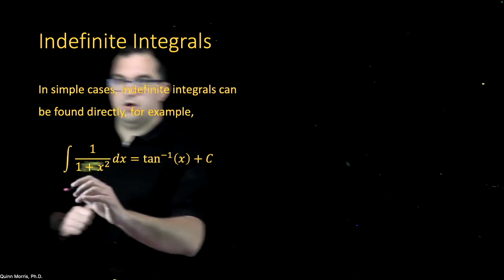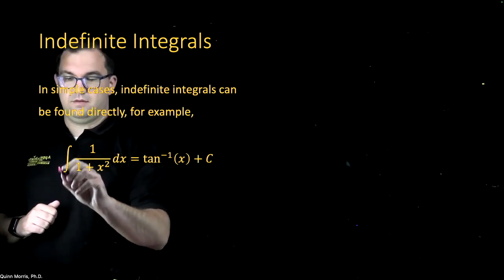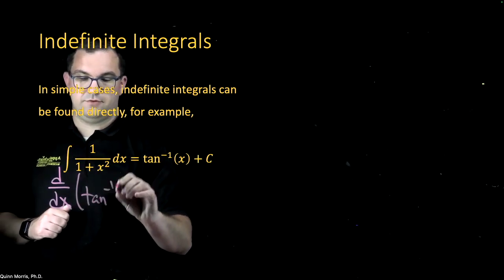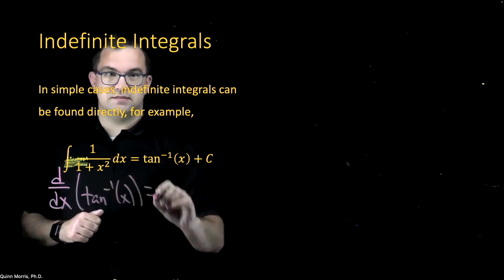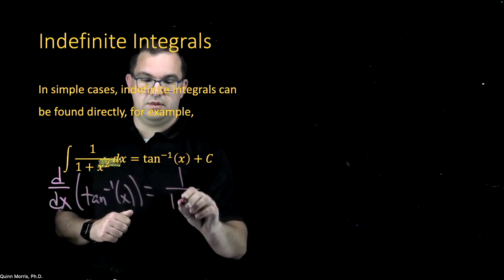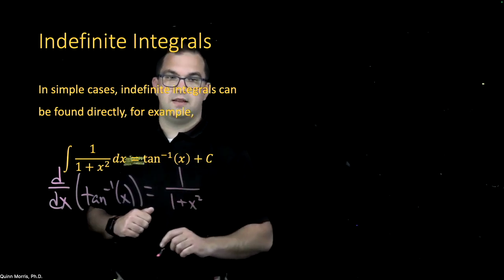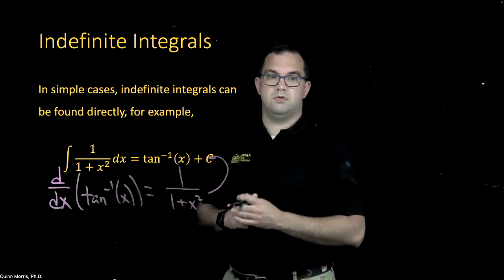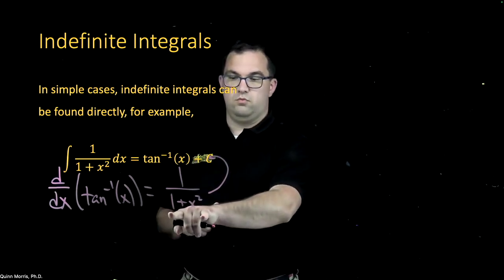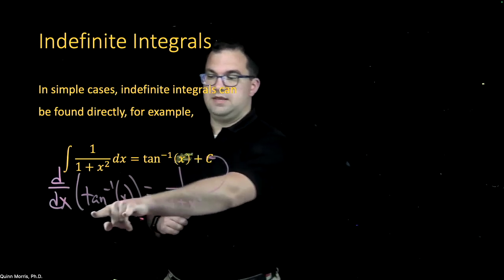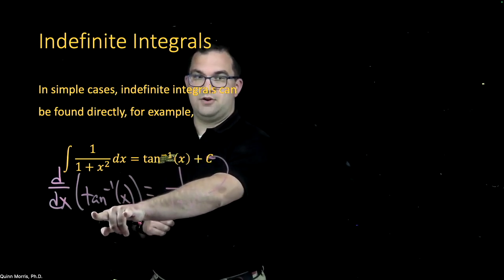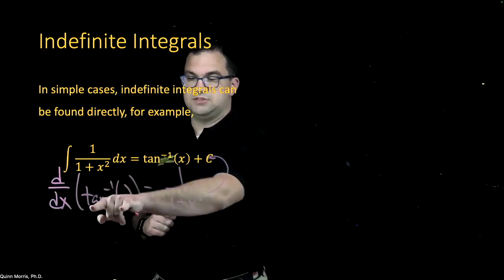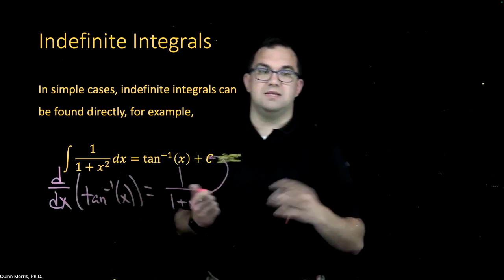So since I know that the derivative of tangent inverse of x is equal to 1 over 1 plus x squared, that immediately tells me that the indefinite integral of 1 over 1 plus x squared is an antiderivative of that. Well, an antiderivative of 1 over 1 plus x squared is tangent inverse plus c.